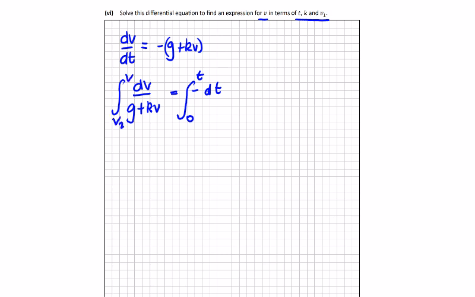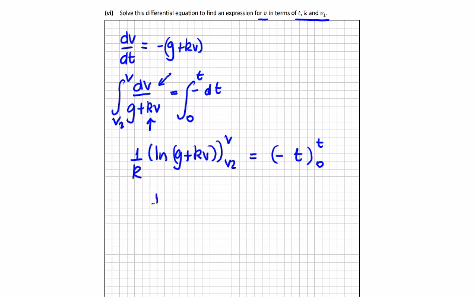So that's how we can find an expression in terms of t, k and v1. We have an expression for v2 in terms of v1, so it's actually a bit of work involved here. So integrating this is going to be the natural log of the bottom times 1 over the differentiated part of v, so that's going to be 1 over k by the natural log of g plus kv between v and v2, which will be equal to minus t between t and 0.